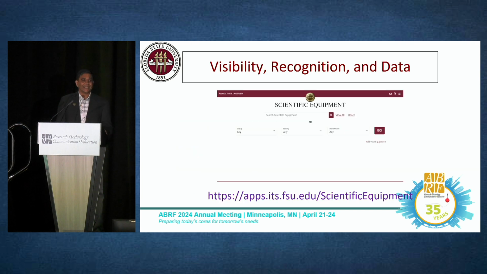Sorry, I'm running behind. The other thing we did was build an FSU-wide core facility network. Claudius was the initiator of that, and I completed it after he went to Colorado. It may not look very important to you. Many of you have this kind of a system in your university.